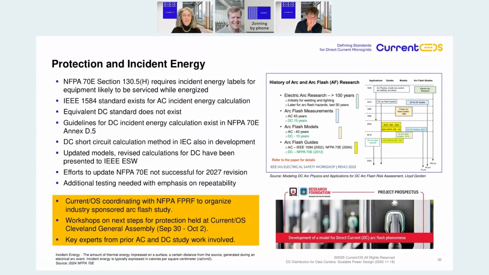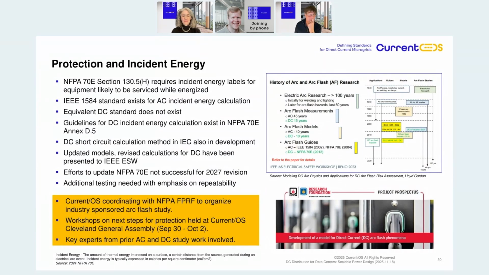There is some guidance within 70E. There has been some recent work toward trying to further revise that guidance and to make sure that the right level of incident energy is calculated for the conditions.